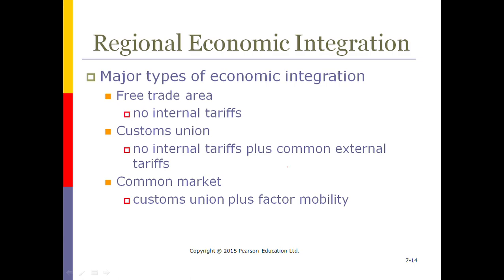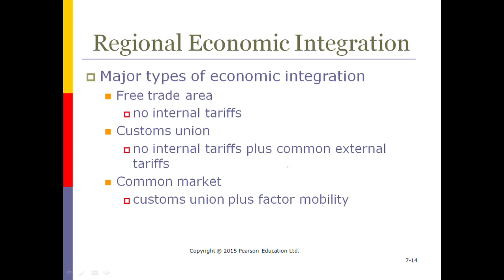The second level of economic integration in a regional context is customs union, which is at a little higher level than free trade area, because in free trade area the agreement is only not to charge any tariff. However, in customs union the agreement would be not to charge any tariff, and there would also be a common external tariff.